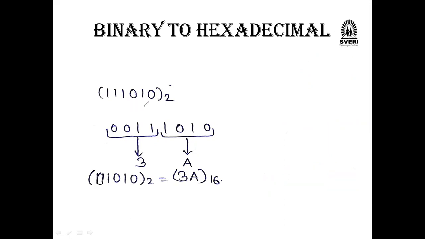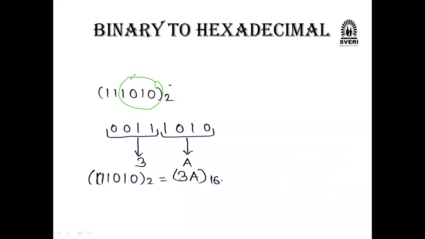See here, this is the binary number they have given. We have to convert it into a hexadecimal number. Make groups of 4 numbers, starting from the right side to the left. Here 4 digits are there, 1010.